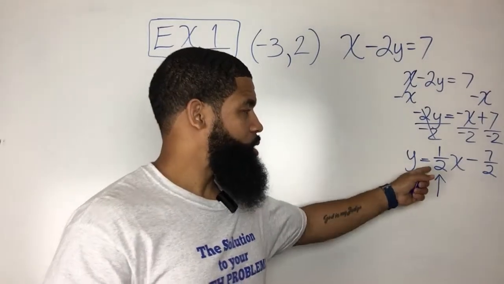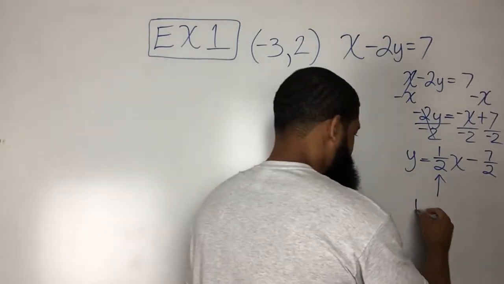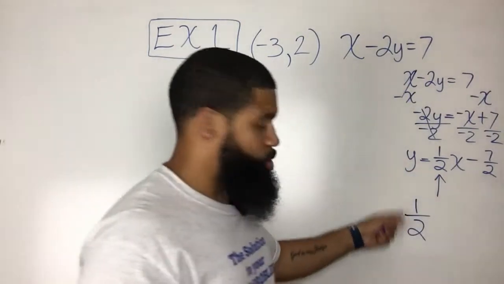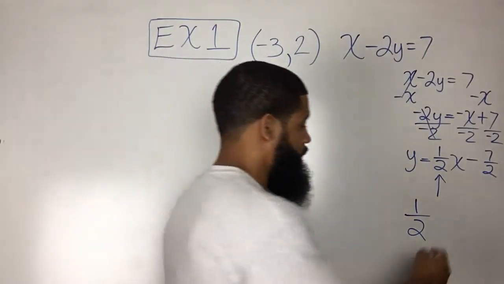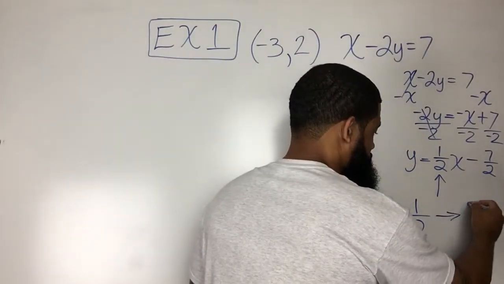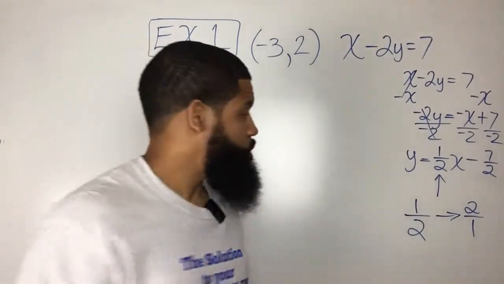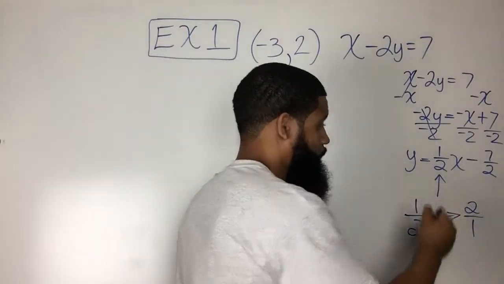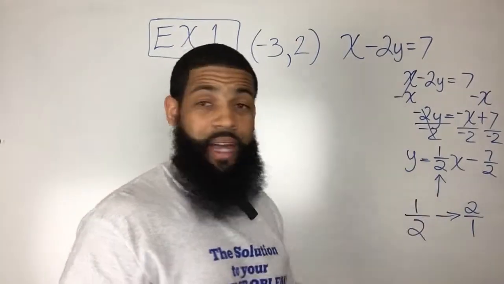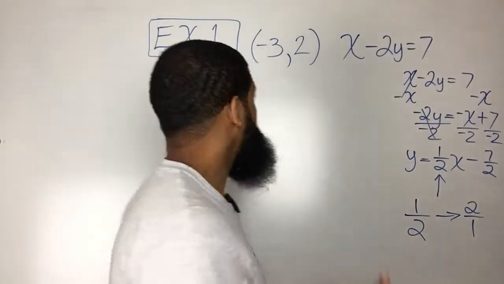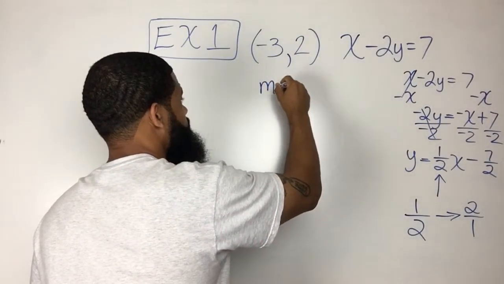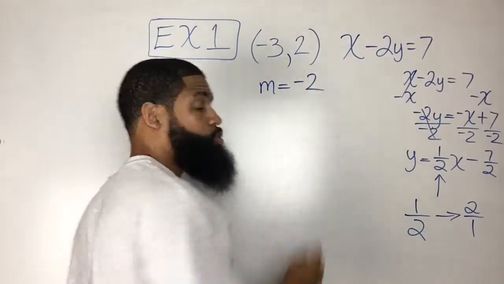So in this case, I'm going to flip the numerator and the denominator, and so that reciprocal is going to be 2 over 1, which is simply 2. So the opposite reciprocal of 1/2 is negative 2. So I need a slope of negative 2.